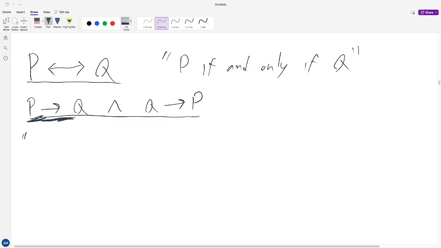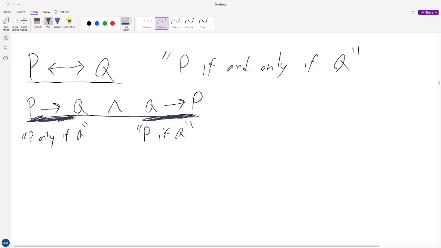So P only if Q. That's what this statement is right here. And then this part of the statement is P if Q. So P if Q just means if Q then P, right? So that's what this is saying right here.